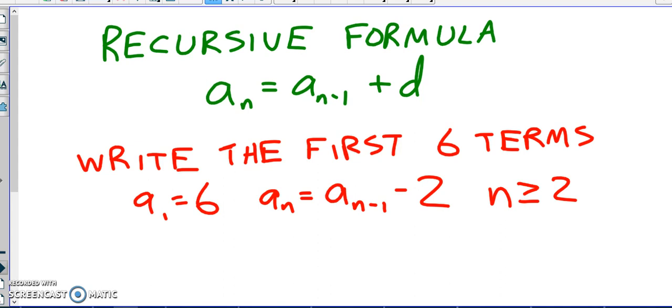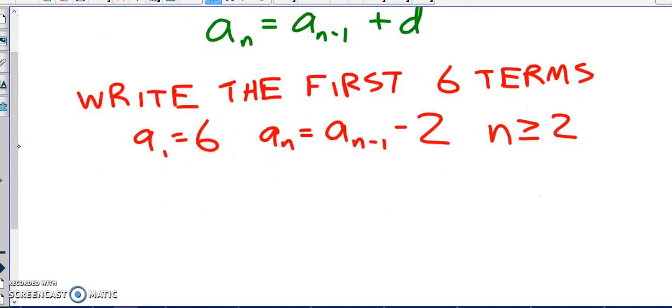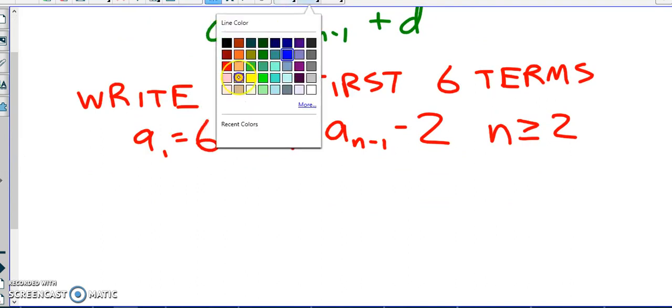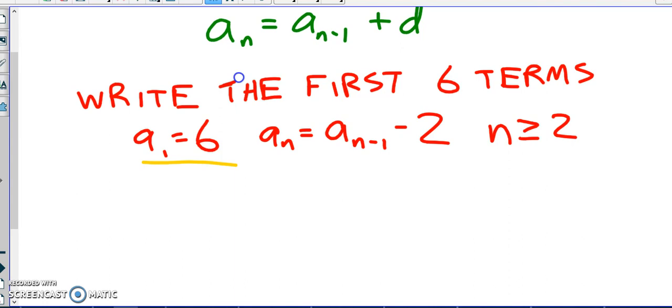Well, if you notice, the first term is already given right here. And also, if you notice, this thing right here would be the common difference.